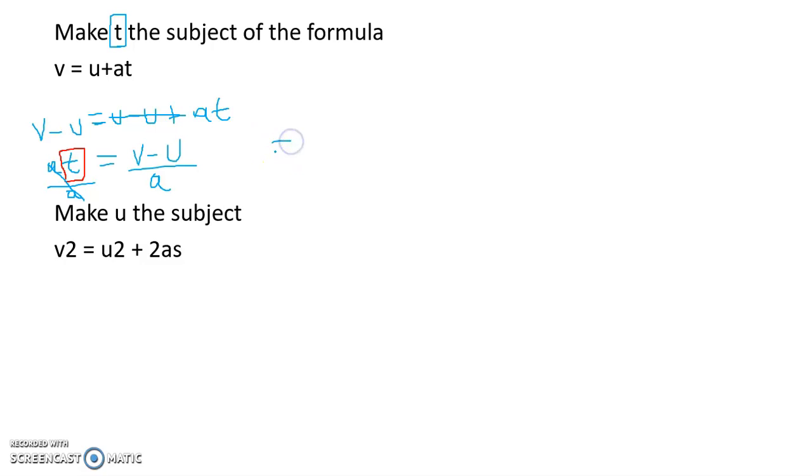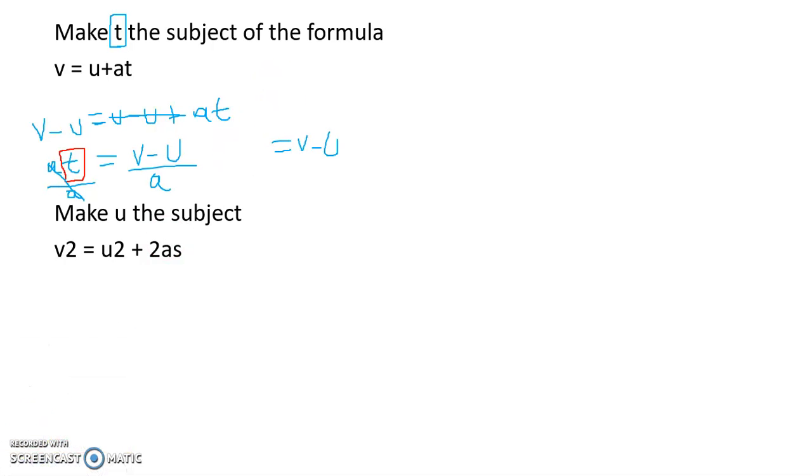So it's equal to T, no, T equal to V minus U. Why is this an F? This is supposed to be a T. Let me just erase it.